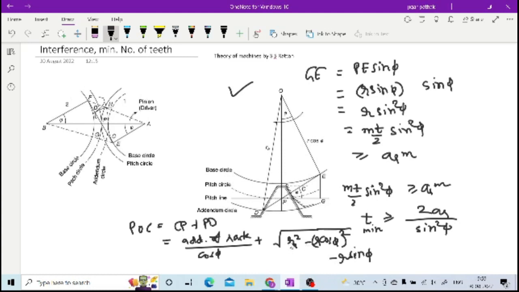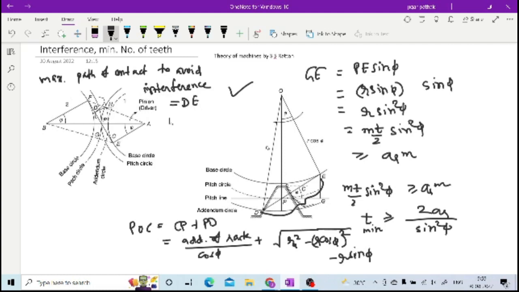And again maximum path of contact to avoid interference is DE only, right, from here to here. If it will be more than that, then again interference will start. So if you see the maximum path of contact to avoid interference, then it will be DE, right?